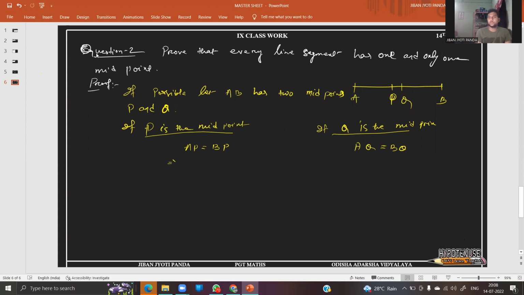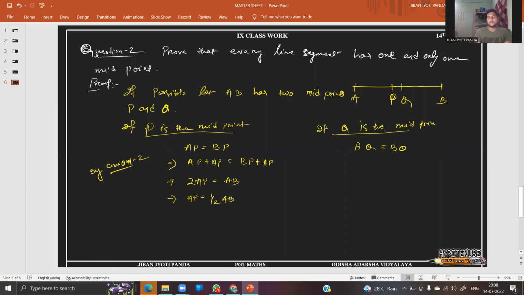So now adding AP to both sides by axiom number 2. Detail में थोड़ा तुम लोग लिखना. By axiom number 2, we are adding the same to both the sides. So AP plus AP is equal to BP plus AP. So this gives us twice AP is equal to AB. Implies that AP is equal to half of AB.